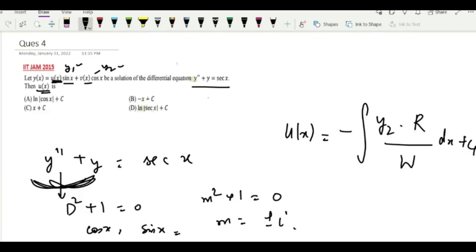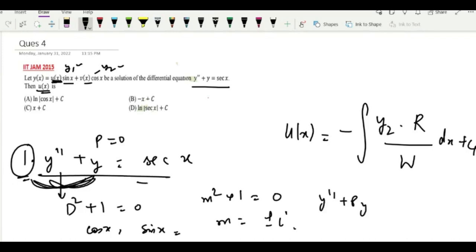So here we have r, this is in standard form. Compare it with the standard form: y double dash plus p y dash plus q y is equal to r. There is no coefficient of y dash, so p is equal to 0, q is equal to 1, and r is equal to secant x.